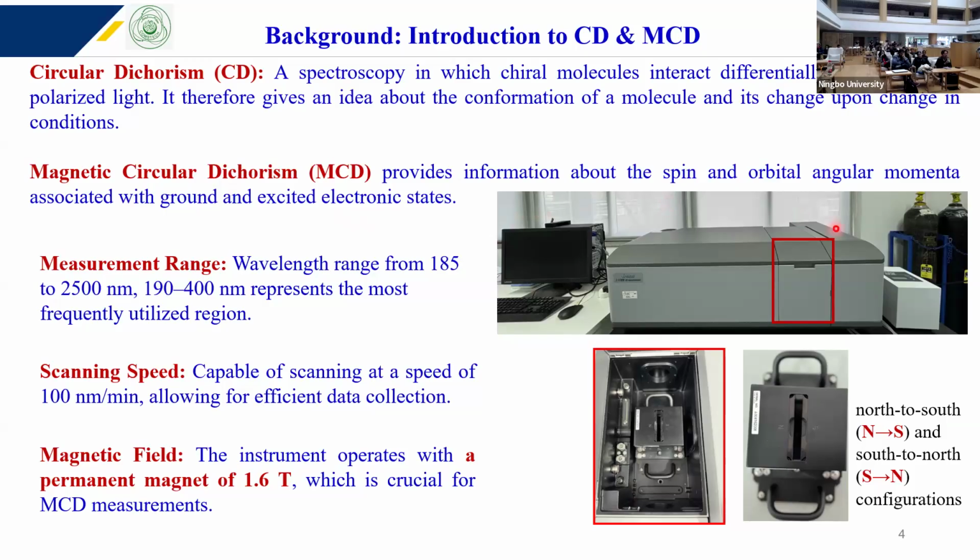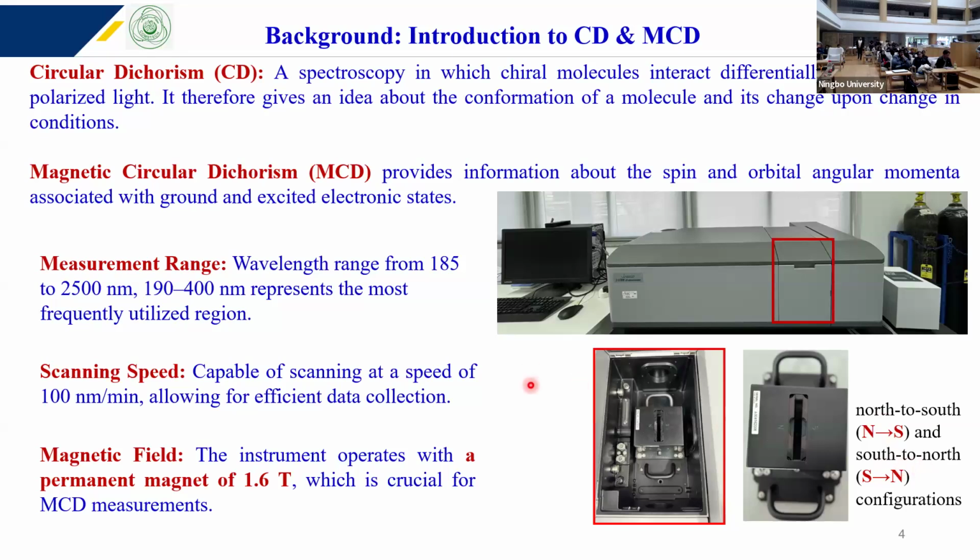Here is a picture. The picture is about the JASCO J-1700. There is a box. When you open the box, you can see there is a permanent magnet of 1.6 Tesla. You can change the direction by your hand from north to south and south to north.